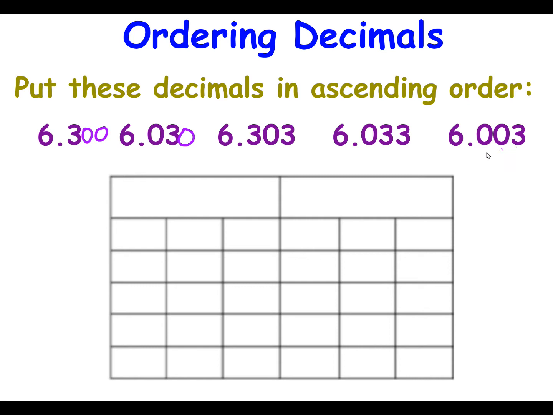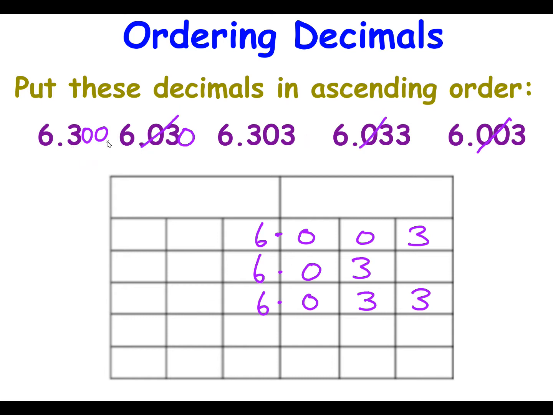So our smallest number is the number 3, so 6.003 is our smallest. Then our next smallest is 6.03. Don't forget we've put this 0 in here. Then we're looking at 33 here, so 6.033.